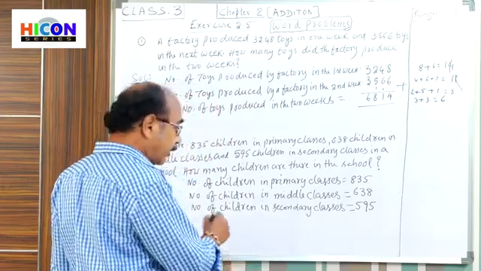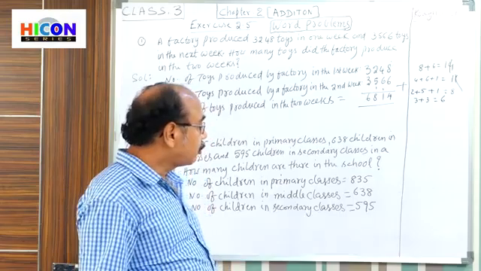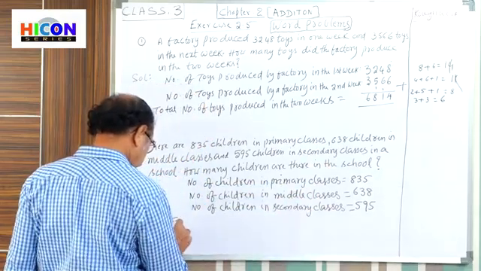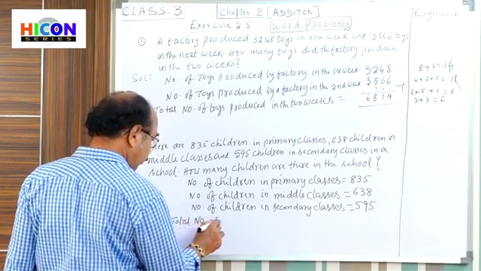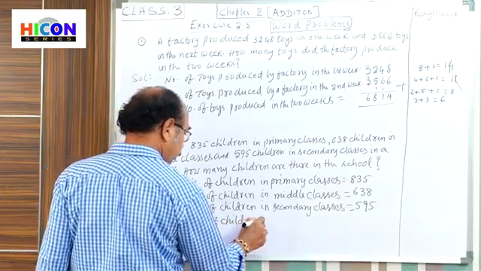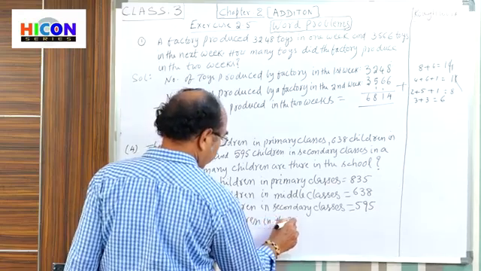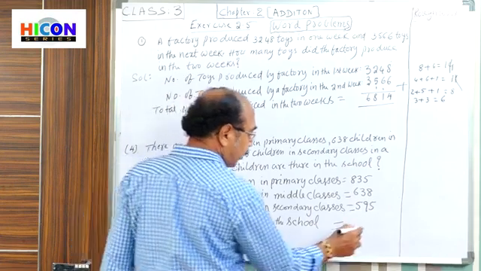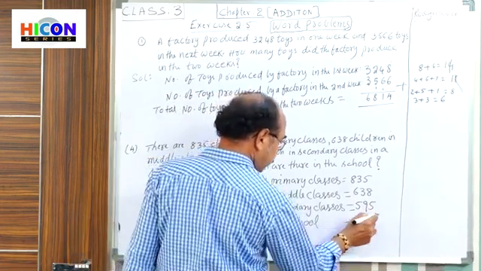So, we write here, total number of children in the school is equal to, we show the addition. How can you get? Just by adding these three numbers.